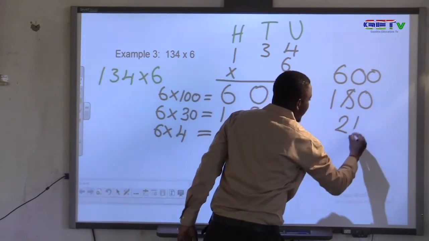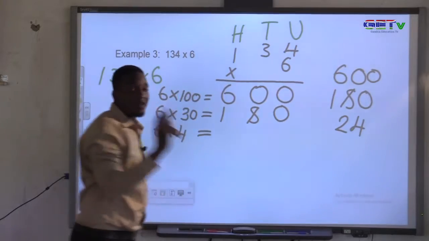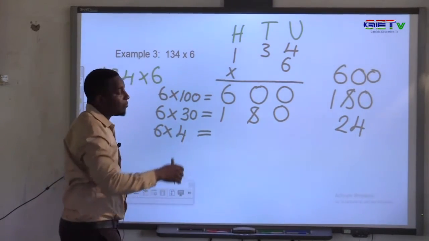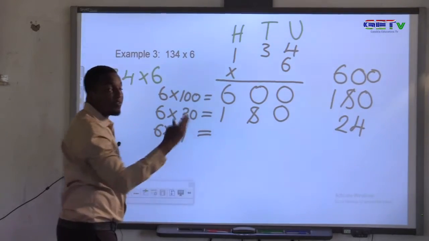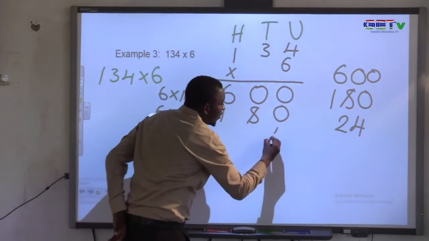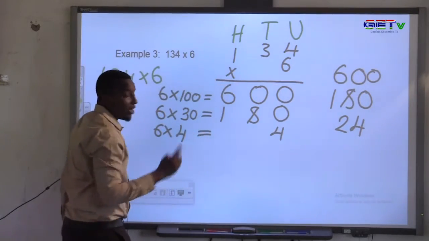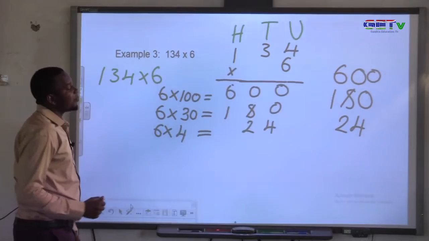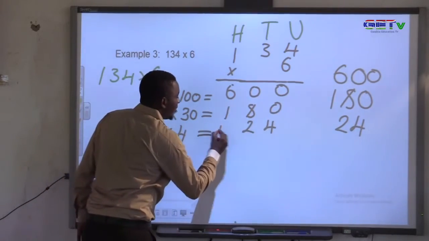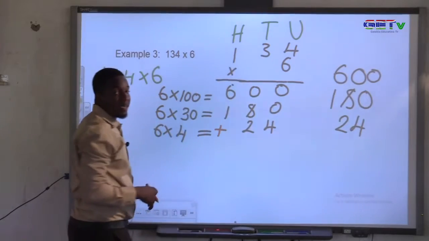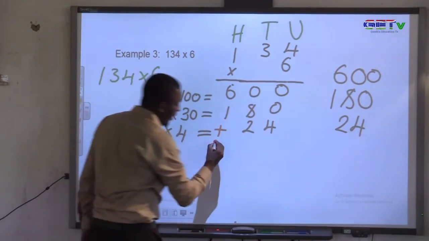Again, if you look at 24, there are 2 digits. The first digit will fall under the unit column. The second digit will fall under the 10th column. So we write 4 under the unit column and 2 under the 10th column. Add. As you can see, we have completed multiplying those digits. We add them now.